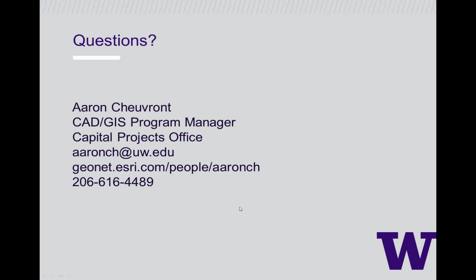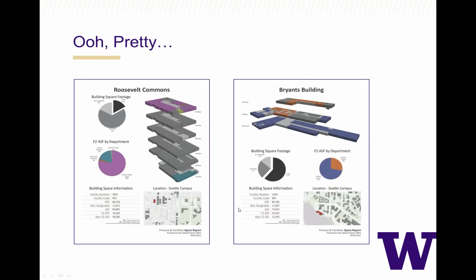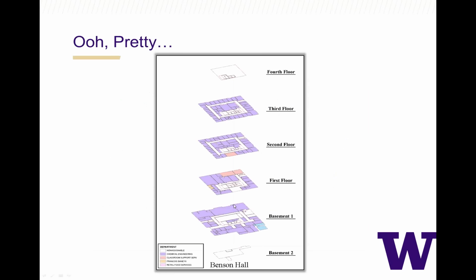Let me go back. I think, is that what you're talking about? Tom, does that look right? I think it might be. Is that a static map you've created? No, it's actual GIS.